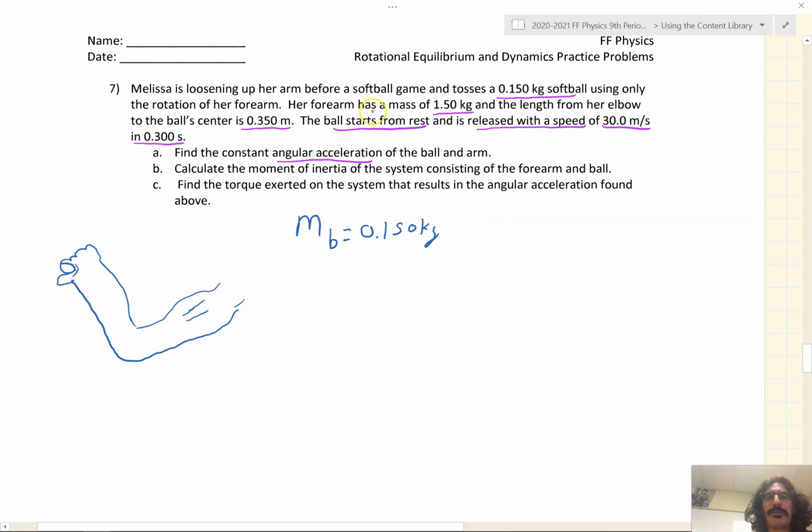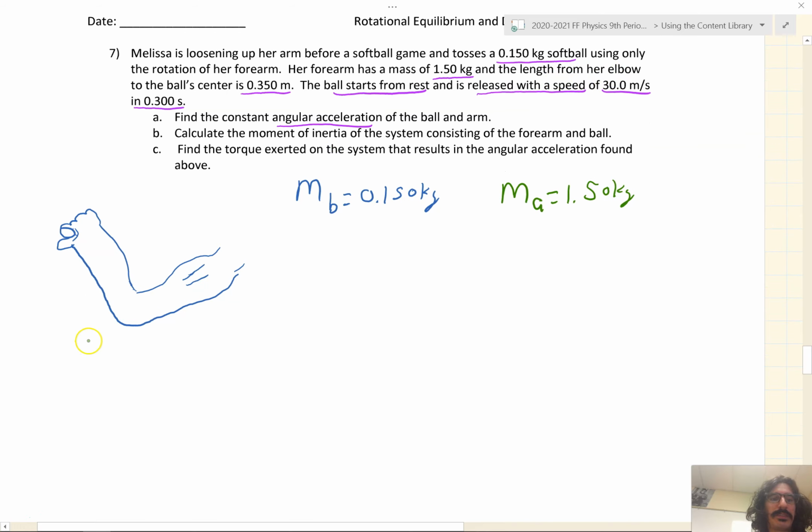Her forearm has a mass, let's call it the mass of her arm, of 1.50 kilograms. The length from her elbow to the ball center, we'll call that R, is 0.350 meters.